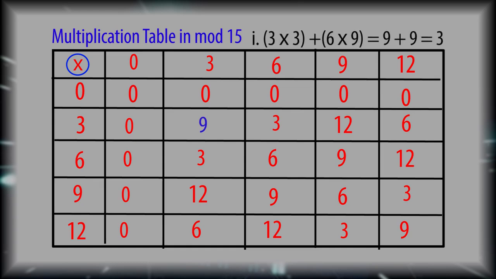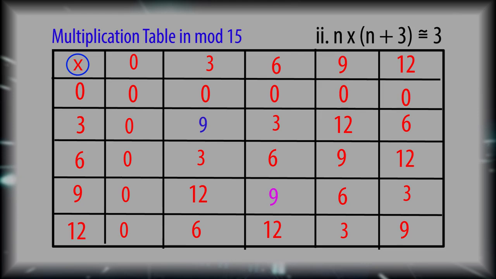Now we want to use this table to answer the questions. So we have (3 times 3) plus (6 times 9) to give us 9 plus 9, and that equals 3 in mod 15.